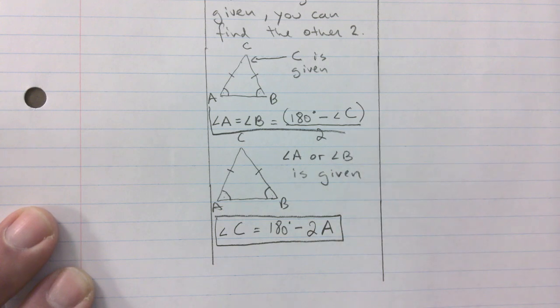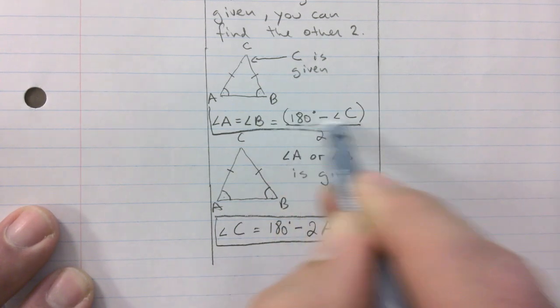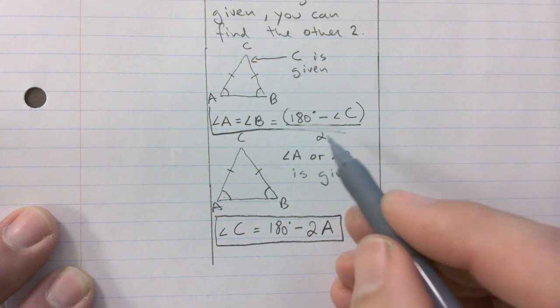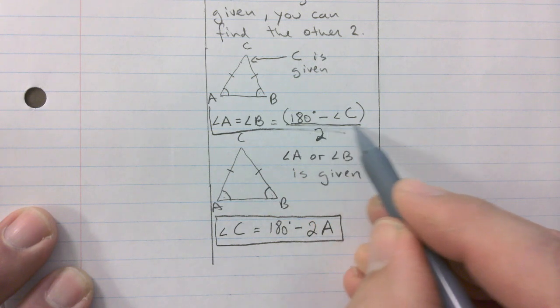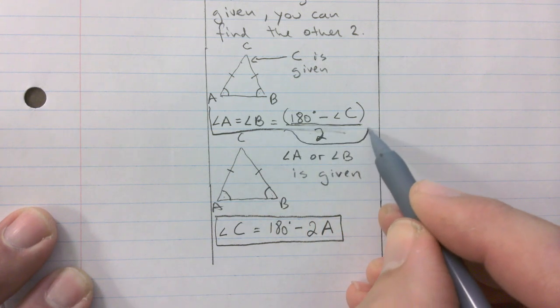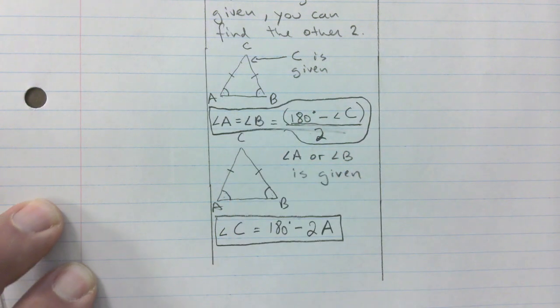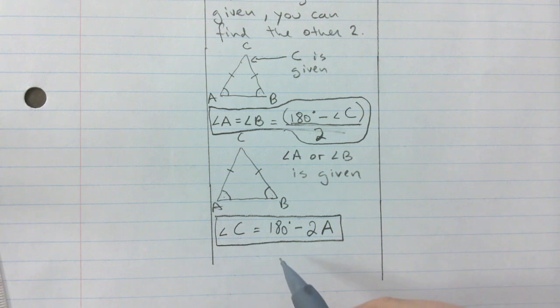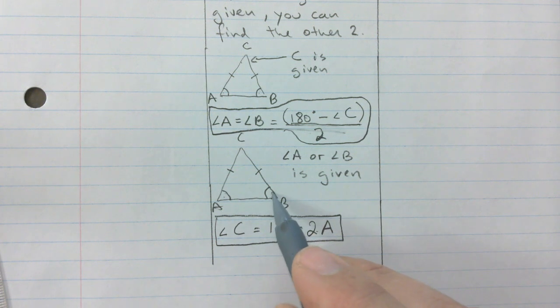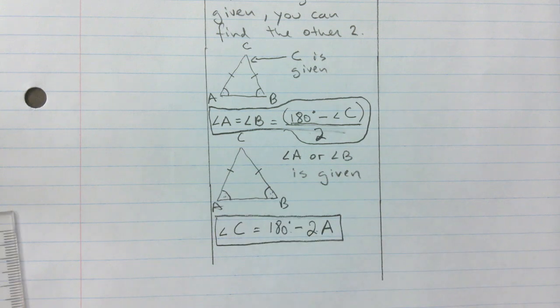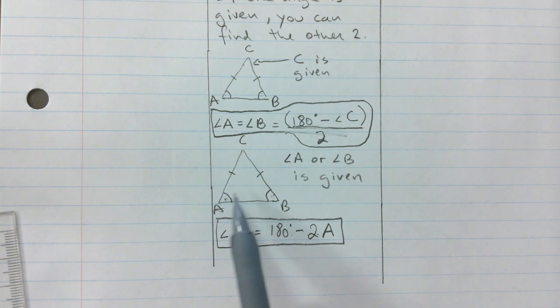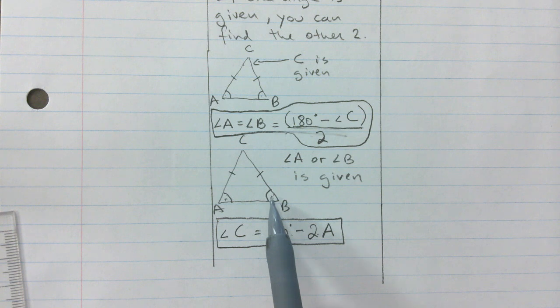I could also say that this might be 180 minus 2B. It depends on which one they give you. But as soon as we know A, we can also right away label B because they're the same.